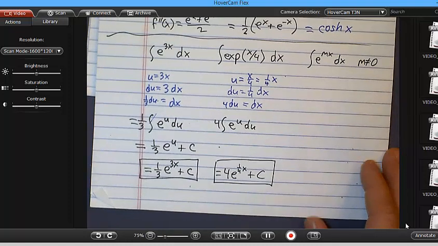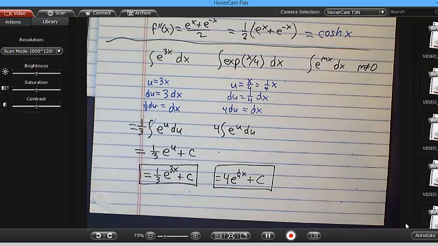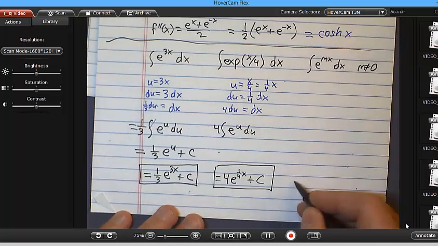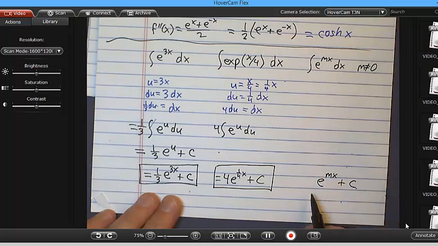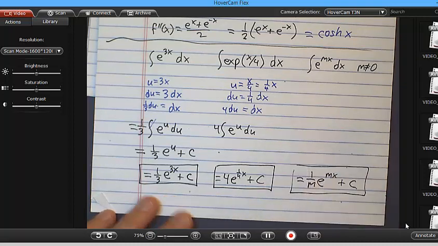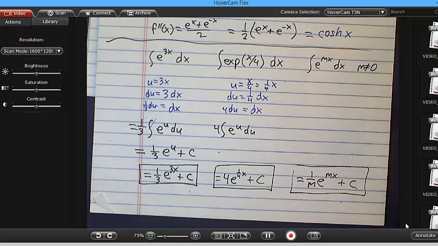Well, just by recognizing the pattern, you're going to get back e to the mx, right? But then you have to put something out front. What is it you're going to put out front? That's right, the reciprocal of m. You could go through the substitution and check it, but that's what it's going to equal. Okay?